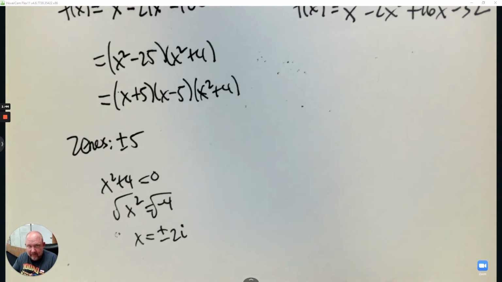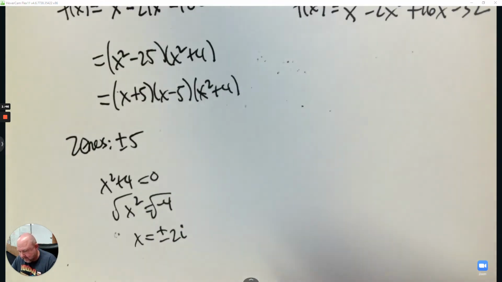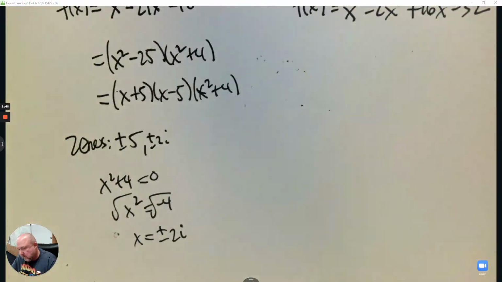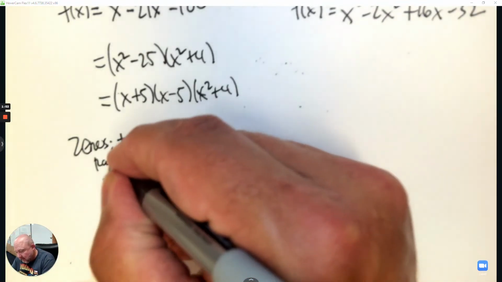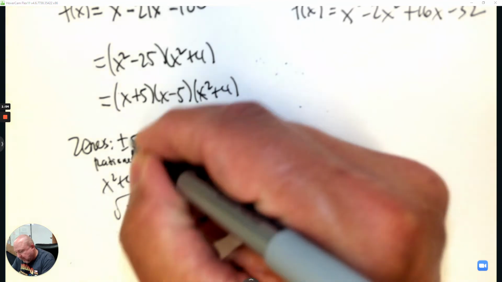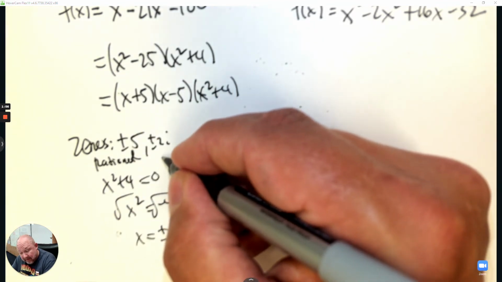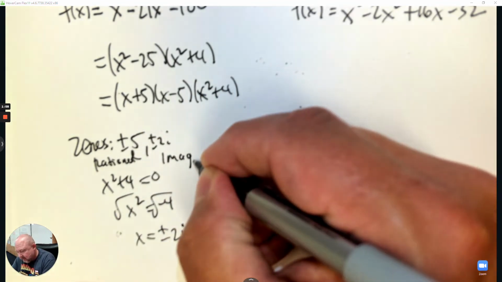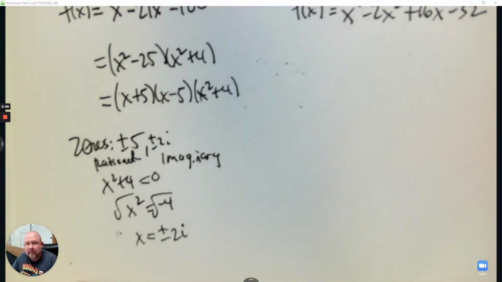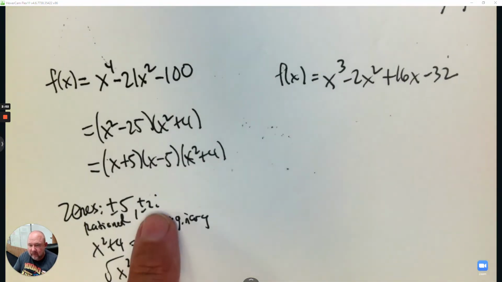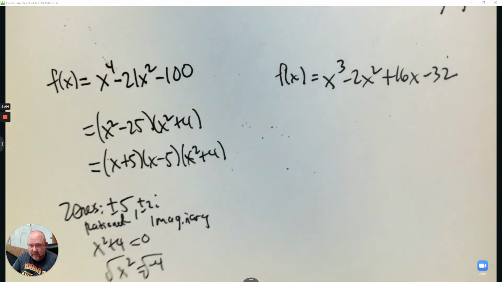So together that's plus and minus 2i. If I would label it, these are rational and these are complex, or you could say imaginary zeros. But if you notice, altogether there are 4 of them and the degree is 4.